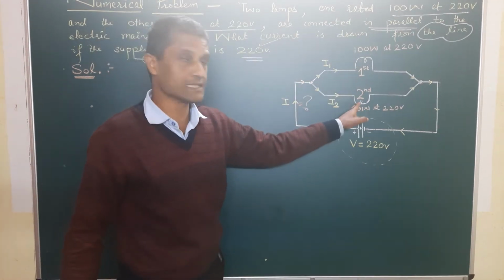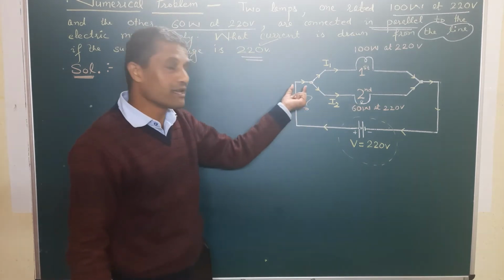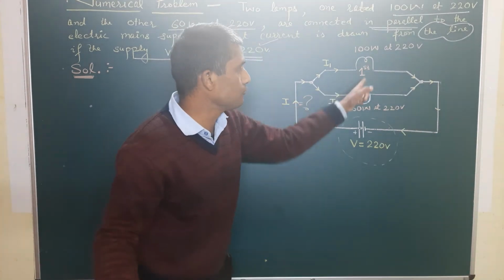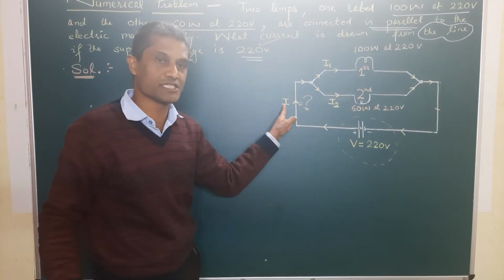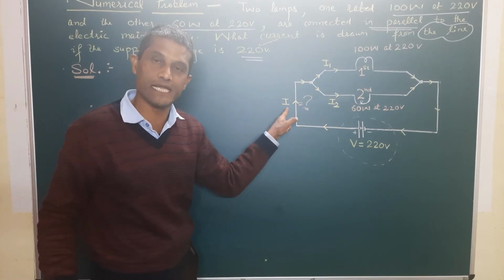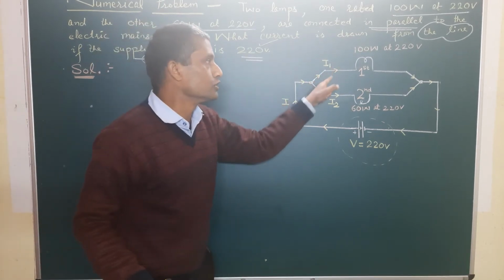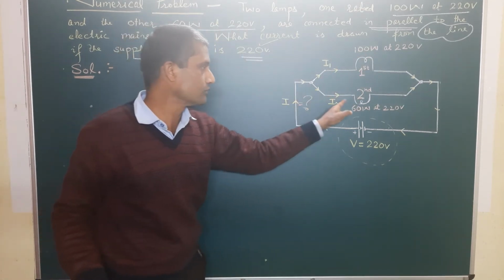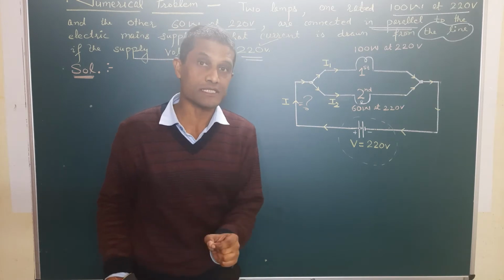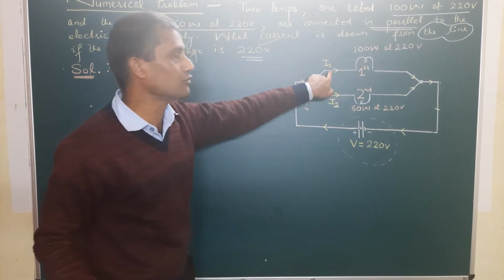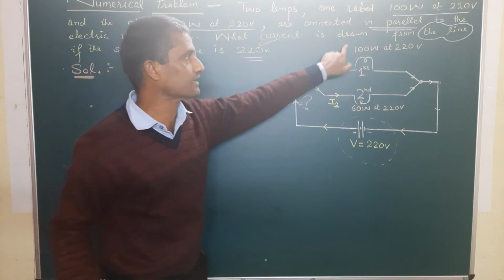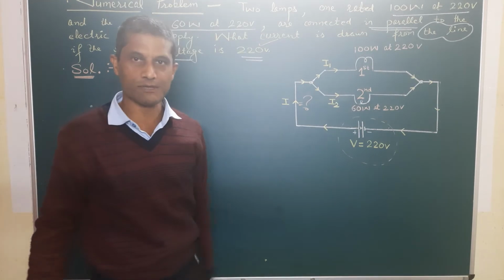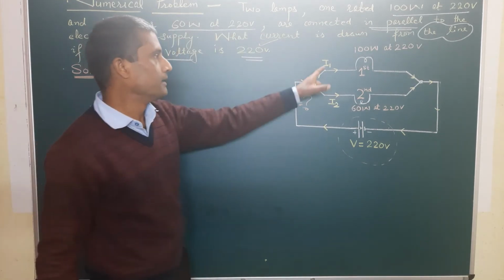Since this combination is in parallel, the current has many pathways to flow through. There are two bulbs here, so the total current coming from the main supply line will go through two paths, one through the 100 watt bulb and the second through the 60 watt bulb. If we can find I1, the current flowing through the first bulb, and I2, the current flowing through the 60 watt bulb, then I1 plus I2 gives the total current.